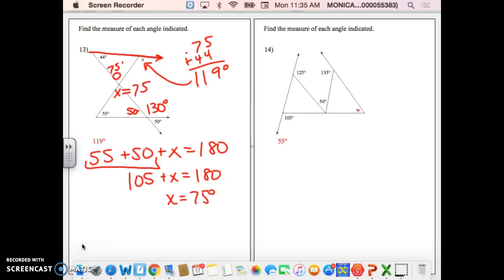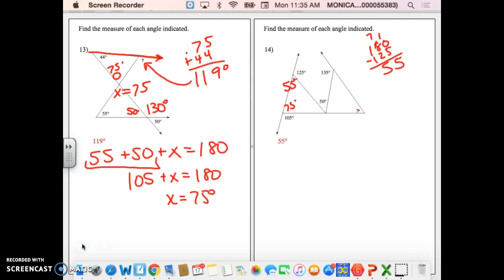If this is 105, I know this is 75, because 75 plus 105 is 180. If this is 125, then this angle right here is 180 minus 125, because they make supplementary angles. So this one's 55.